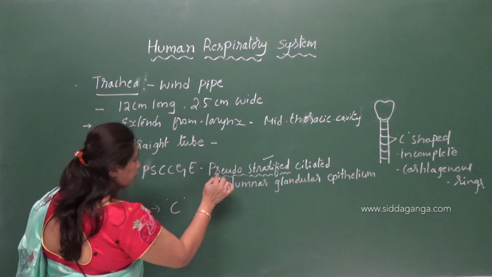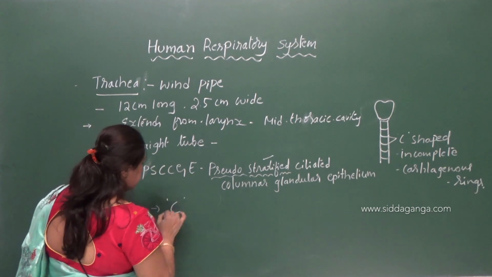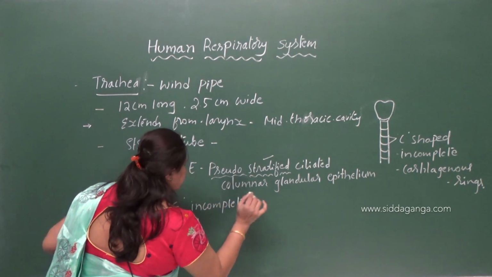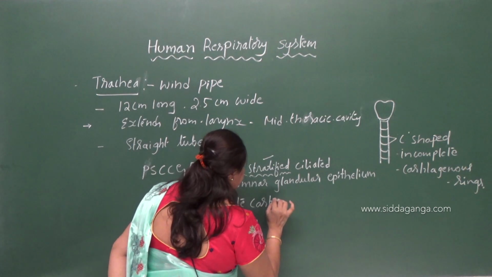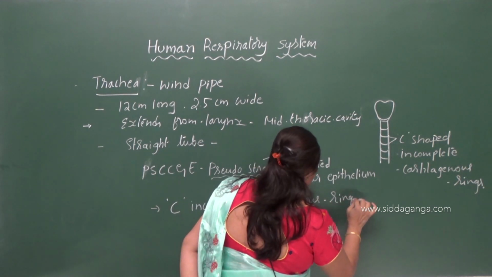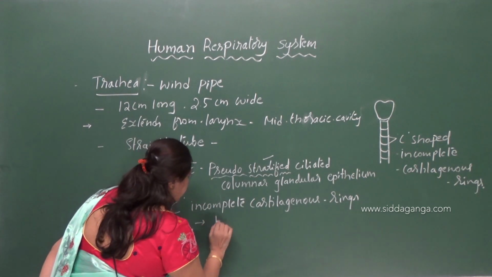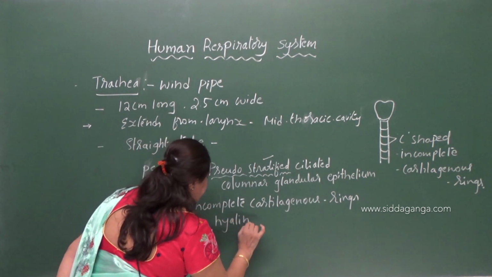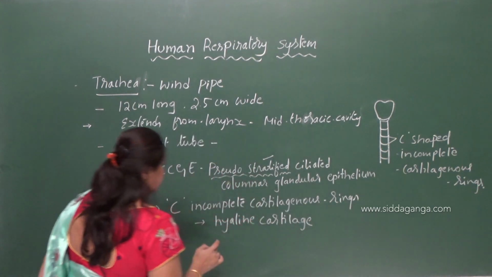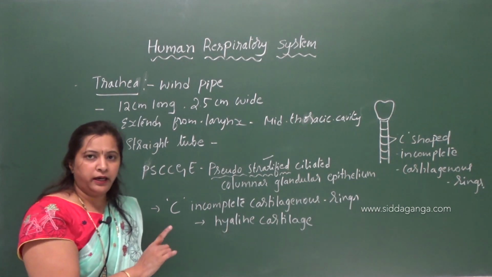It is important for NEET, both this epithelium, pseudostratified ciliated columnar glandular epithelium, and these C shaped incomplete cartilaginous rings. And one more important thing here is that it is composed of hyaline cartilage. The type of cartilage here is hyaline cartilage. So these are called hyaline cartilaginous rings, C-shaped hyaline cartilage rings.